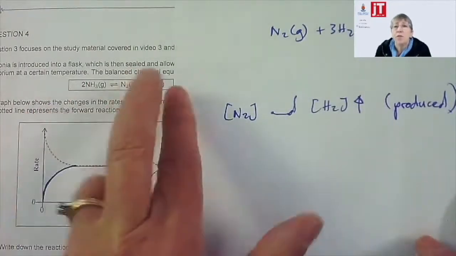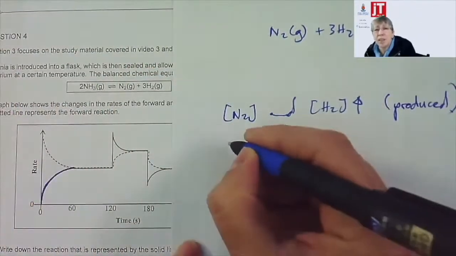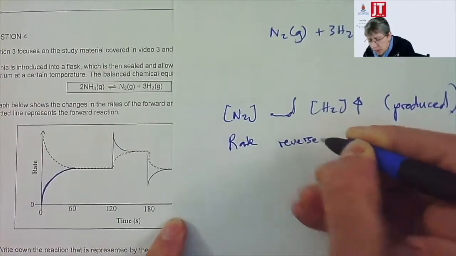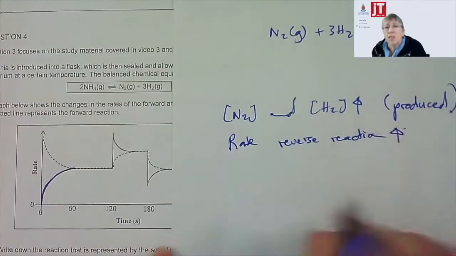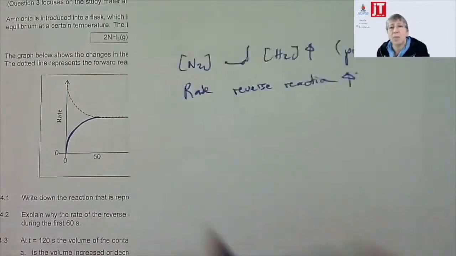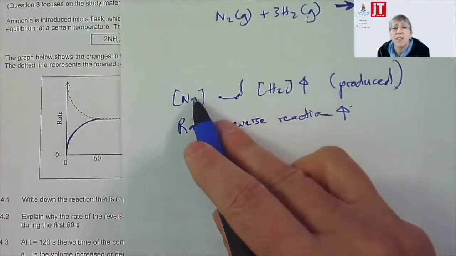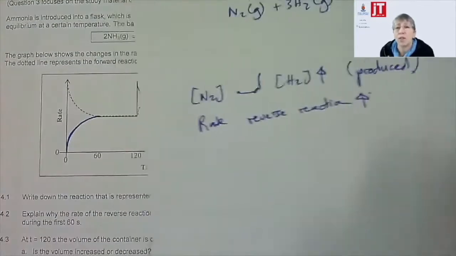Therefore, if you've got more of them, you've got more collisions that can happen, and that means the rate of the reverse reaction is increased. So they're asking why is it increasing, and you have to explain: it is because the forward reaction that is happening faster is increasing the N2 and the H2, and therefore the rate of the reverse reaction will increase.